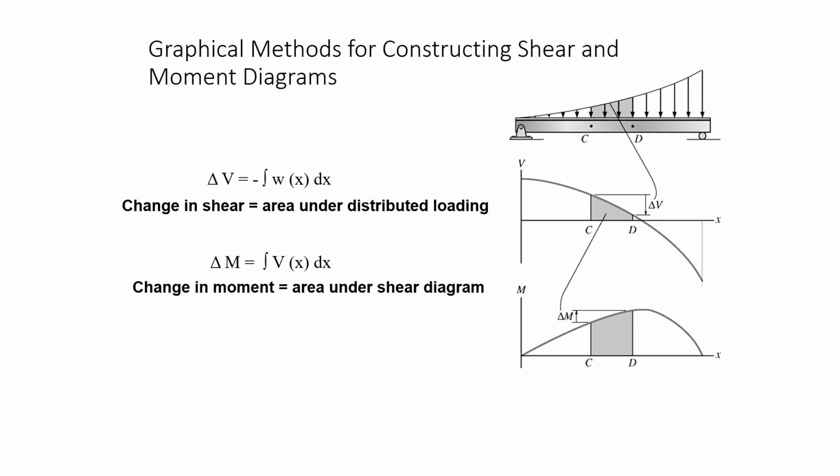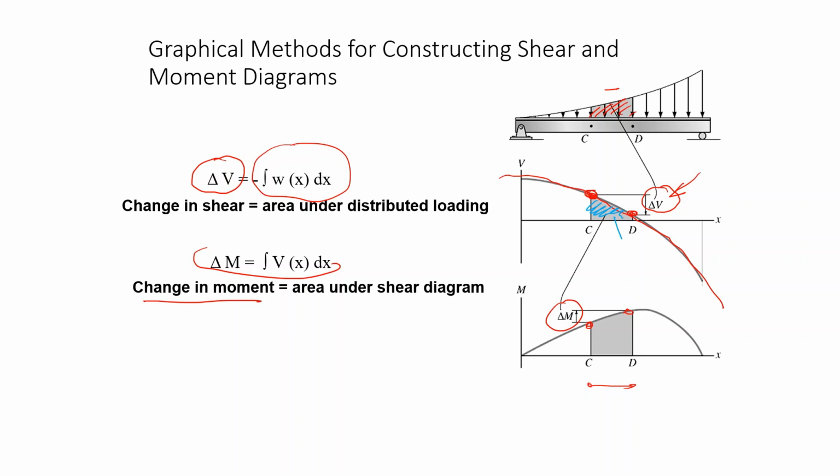Next, on the graphs, for example, let's take the shear force diagram. When you move from point C to point D, there will be a change in the value of the shear force. This change is equal to the negative of this area, which is given by this integral. Similar to that, the change from C to D in the moment, which is delta M, is equal to the area under the shear diagram.